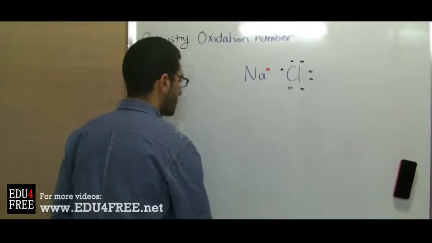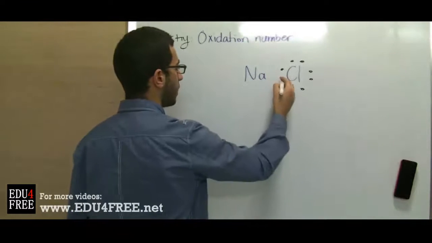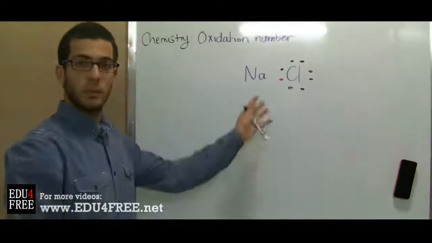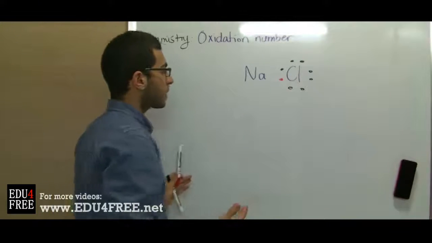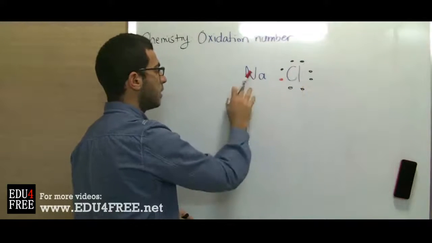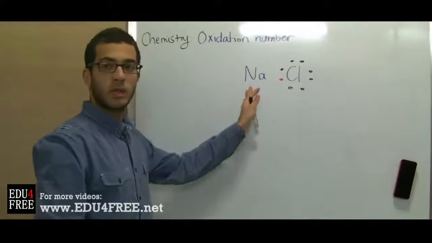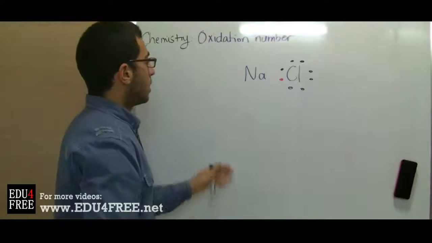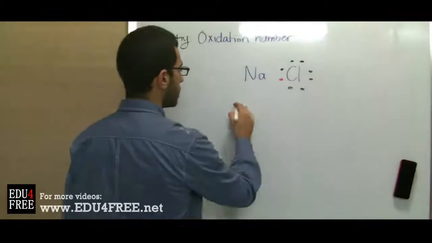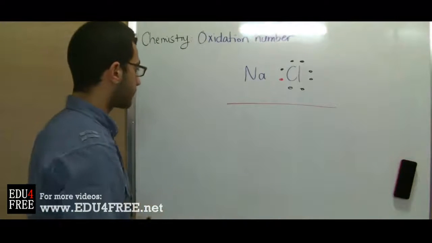So what happens is that this electron leaves sodium and goes to chlorine to complete this energy sublevel. So the electronic configuration of each atom reaches the same electronic configuration of the nearest inert gas. But in covalent compounds, there is sharing. There's no losing or gaining.